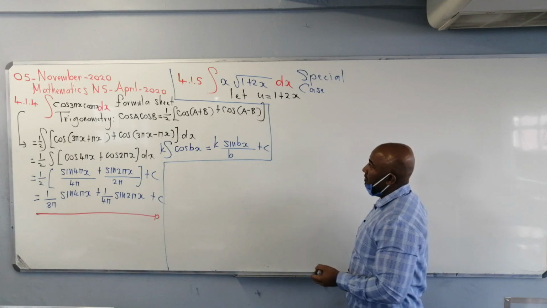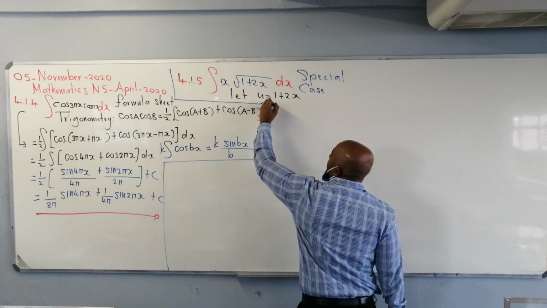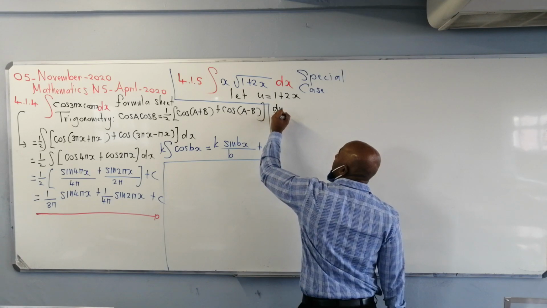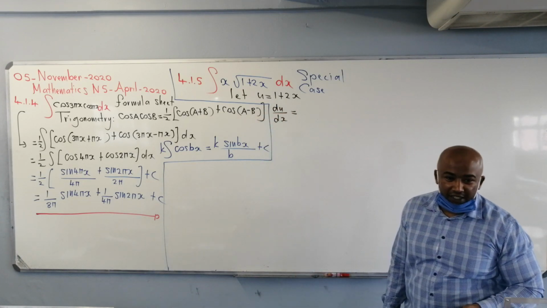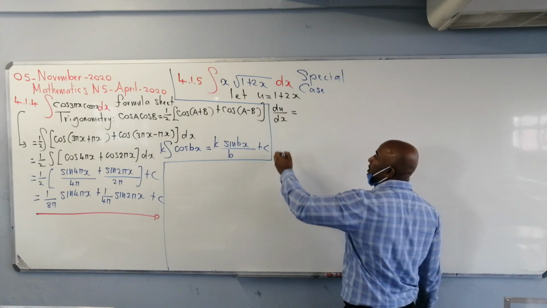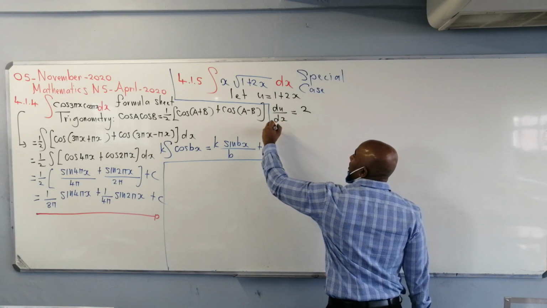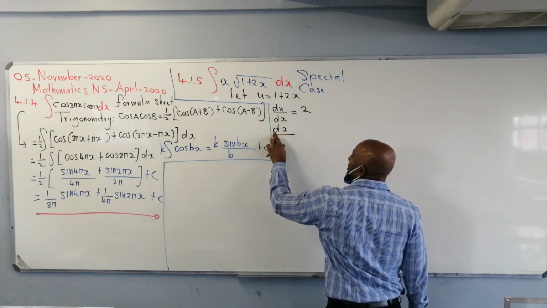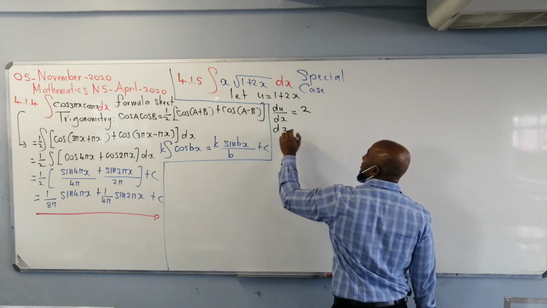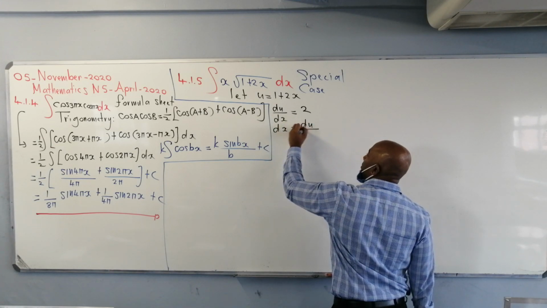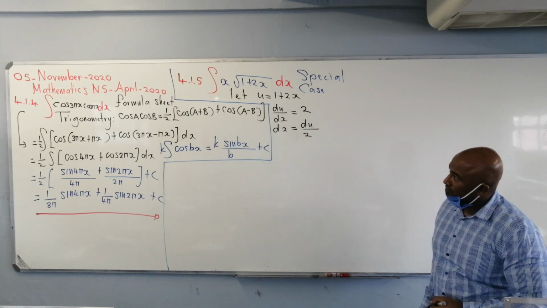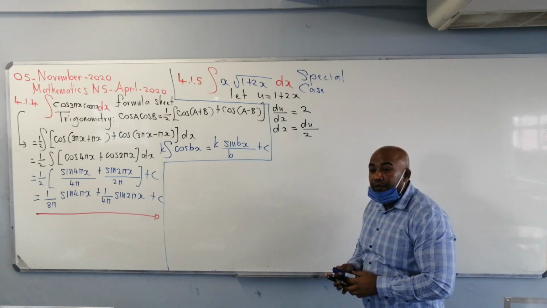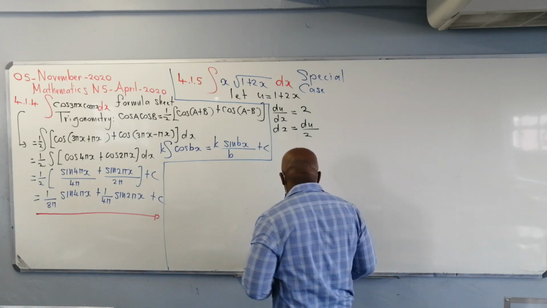So if you let u equal to 1 plus 2x, then du over dx, the derivative of 1 is 0. Derivative of 2x is 2. So then dx is going to equal to du over 2.